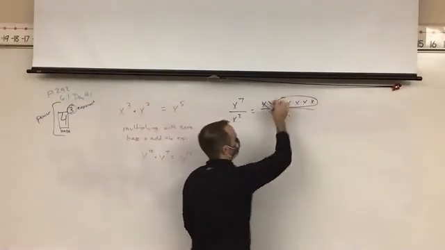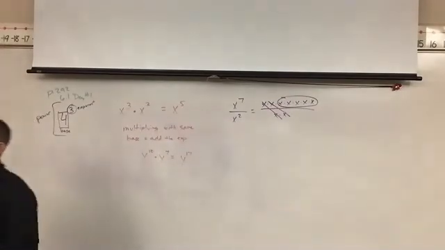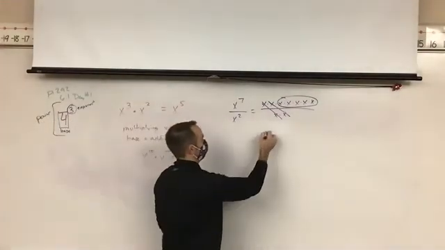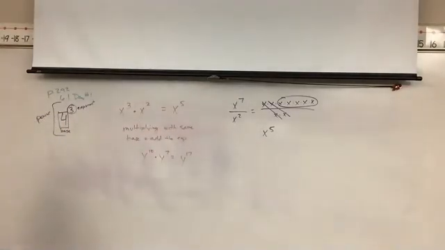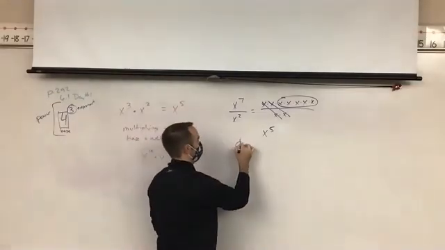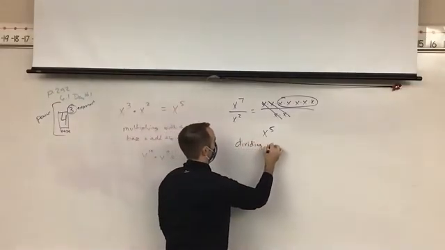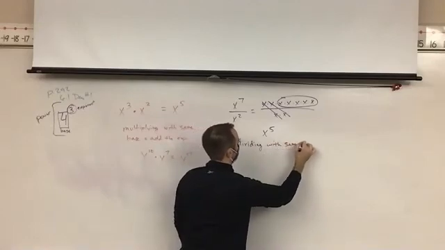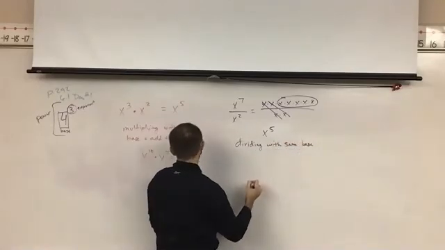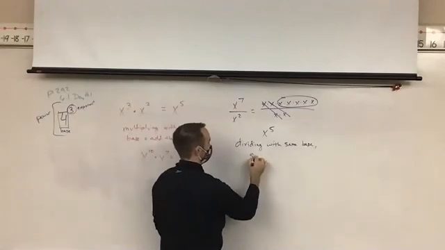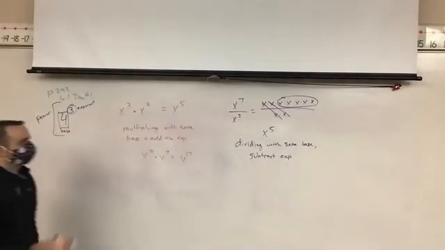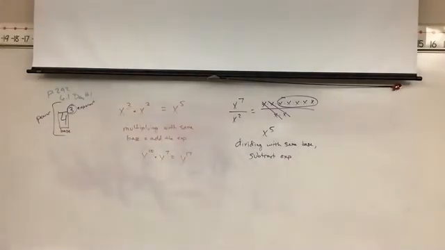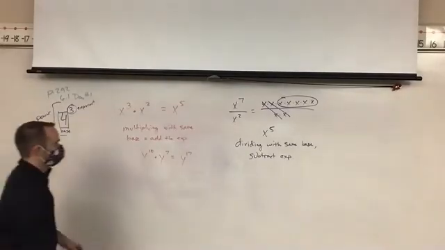What am I left with here? X to the 5th, right? What's my shortcut for this one? Subtract the exponents. So if we're dividing with the same base, we subtract the exponents. Okay, dividing with the same base, subtract the exponents.